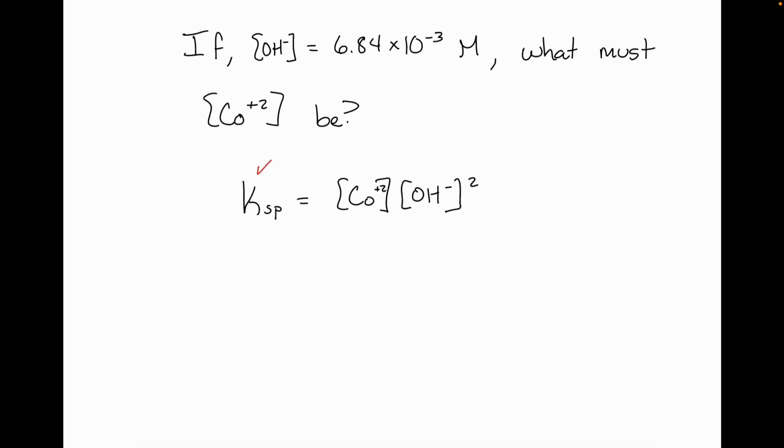Again, I know the KSP of cobalt hydroxide. This time I know my hydroxide ion concentration because calcium's precipitating. So what I'm trying to find is that cobalt concentration.